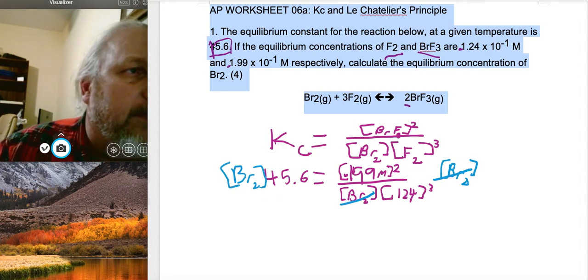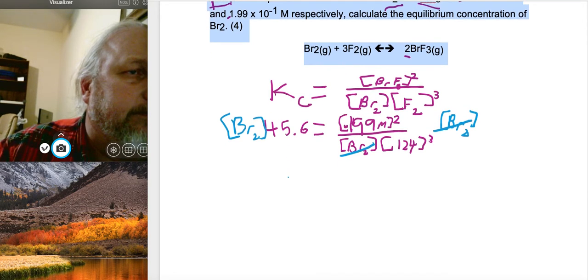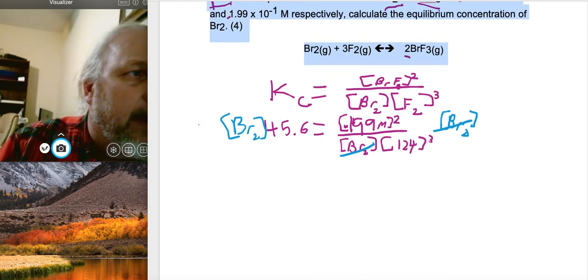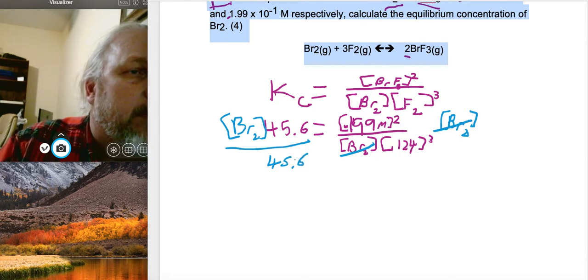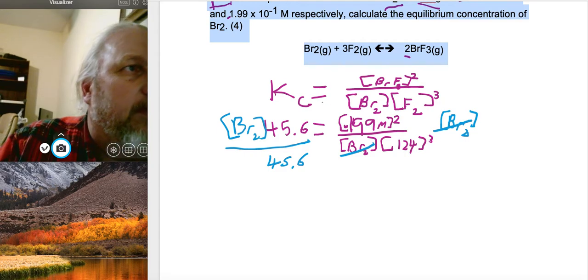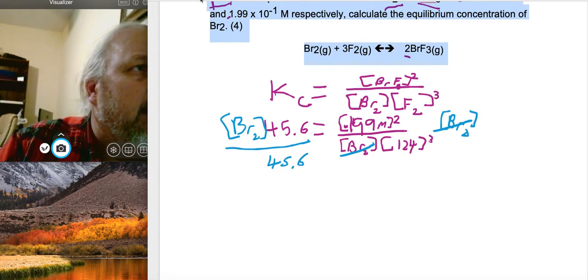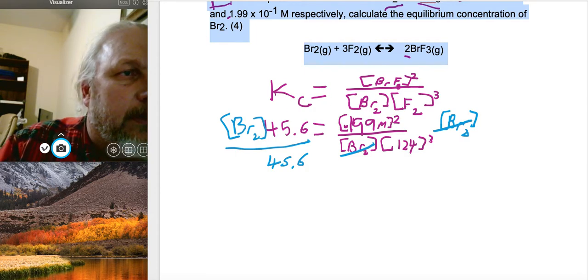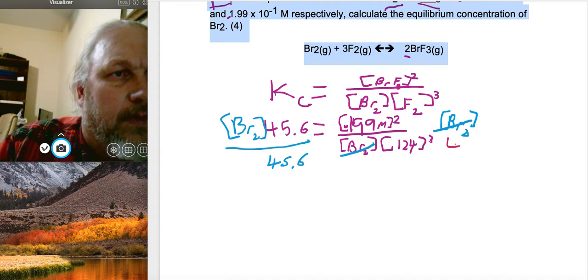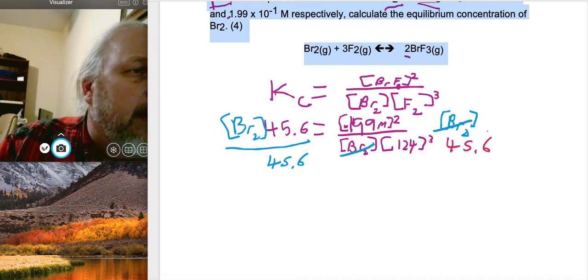Now I need to keep 45.6 by itself, so I'm going to have to divide this side by 45.6, no units there. If I do it over here, I've got to do the same thing and divide through by 45.6. Now let's clean this up a little bit.